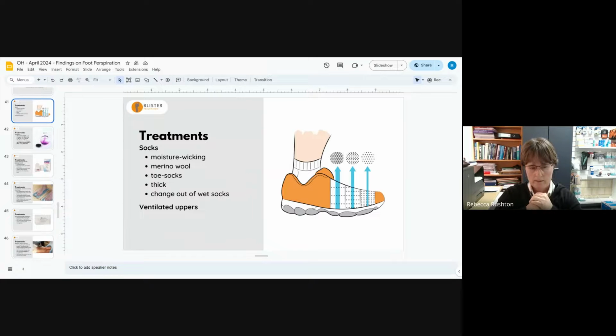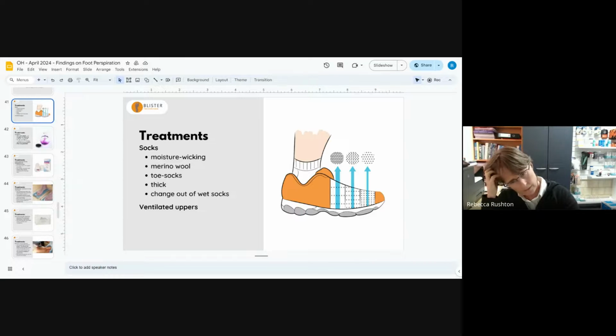We know that thick socks work better than thin socks. We know this from the Herring and Ritchie studies from the early 1990s. They had two identically constructed socks, both thin. One was 100% cotton, one was 100% acrylic. Neither was better than the other in terms of blister prevention.